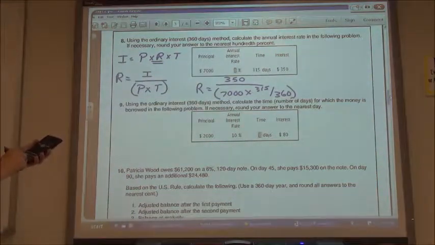And so we're going to take 350, we're going to divide it by, and use parentheses, 7,000 times 315 divided by 360. Close your parenthesis, hit equals.